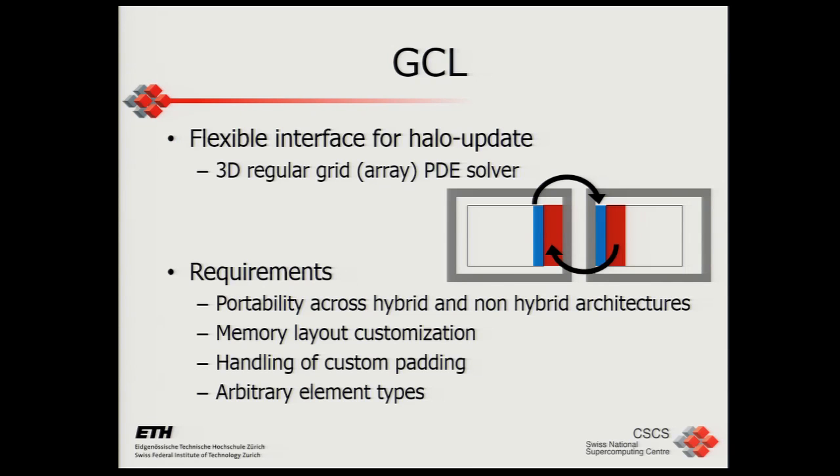And of course, you also have to be able to deal with different element types, so vectors of integers, double floats, and whatever structures the user wants to use. To do this in GCL, we had to use C++, which is the only language that allows us to reach good performance and flexibility at the current state.